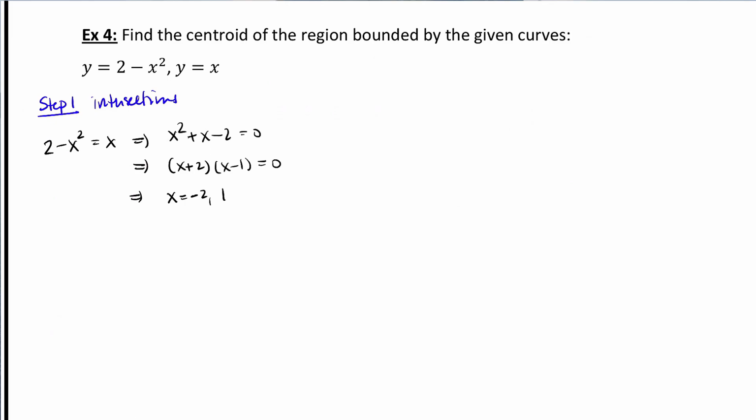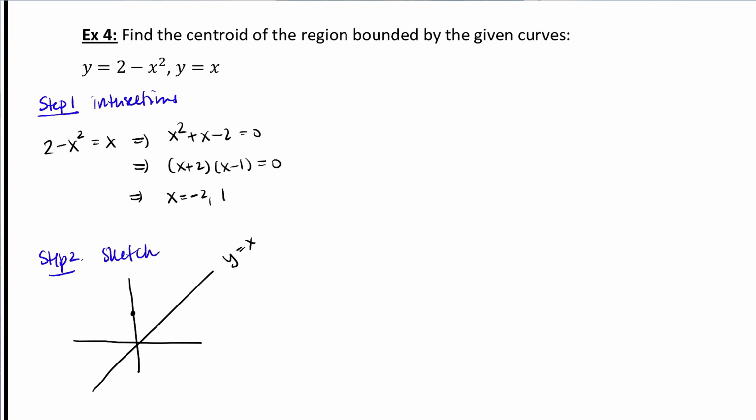Step 2, you don't have to do this, but it's always helpful to just sketch the region so that you see what it looks like, see if the answer makes sense. So what do we have? Well, we know that this is the graph of y equals x. And then we know that 2 minus x squared is a parabola that opens down.